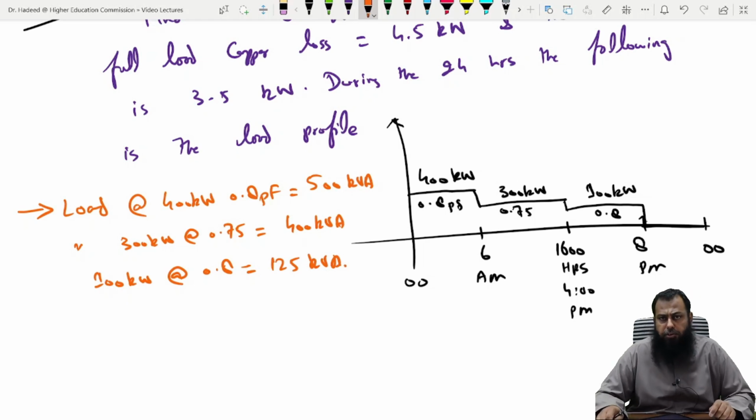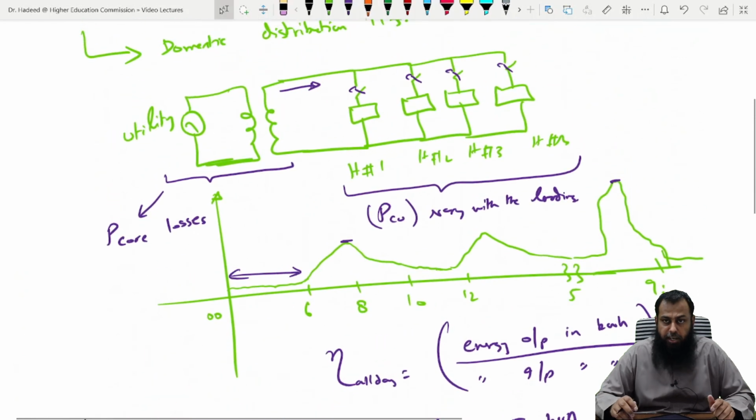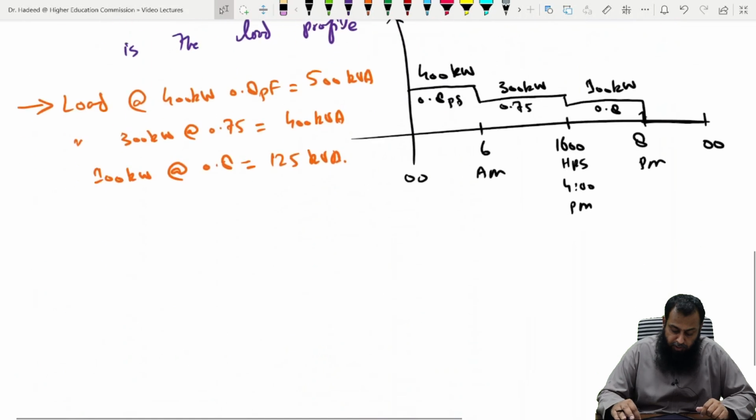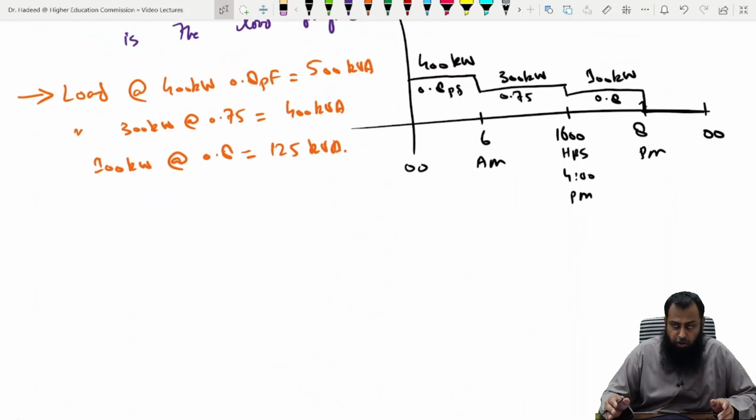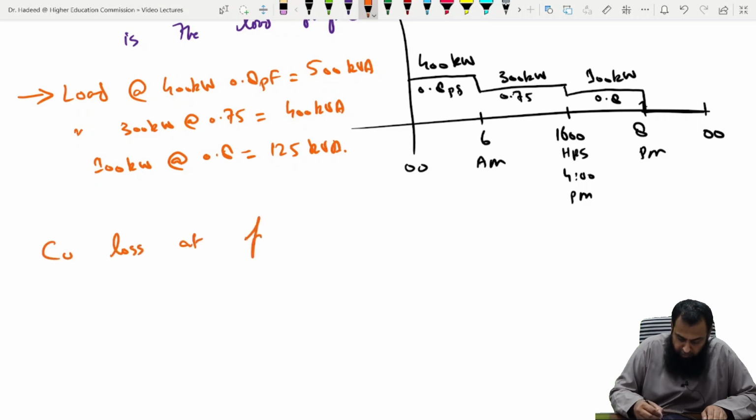Now, we should notice that the core losses remain essentially the same irrespective of the loading on a given transformer, and therefore the calculation of the core losses is a straightforward process. We will just need to multiply it by 24. However, for the copper losses, we have the copper loss at the full load, and we need to find out the ratio.